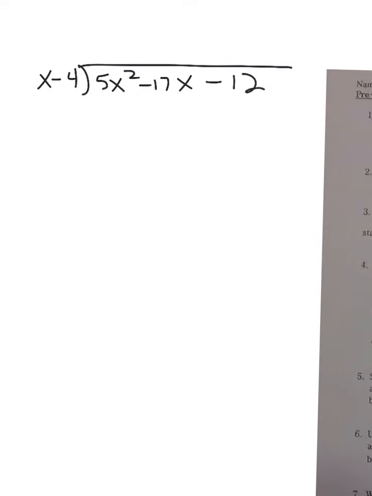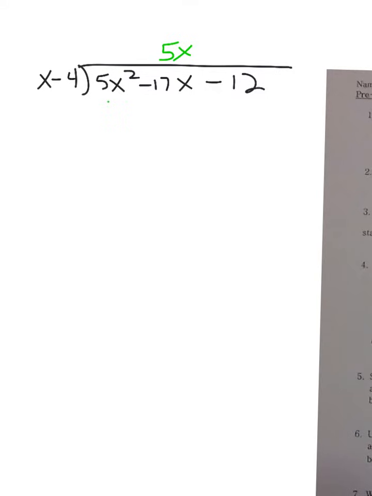All right, so my divisor is x minus 4. My dividend is 5x squared minus 17x minus 12. And always remember, make sure you have a number representing every term in descending order. Okay, so x times what gives me 5x squared is 5x.